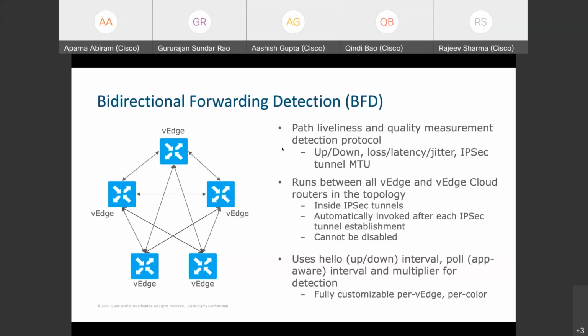The parameters used for this BFD, it has 3 parameters. One is the BFD hello interval, one more is the app route polling interval, and another is the multiplier. All these parameters are fully customizable per edge device, and can also be fine-tuned per color.